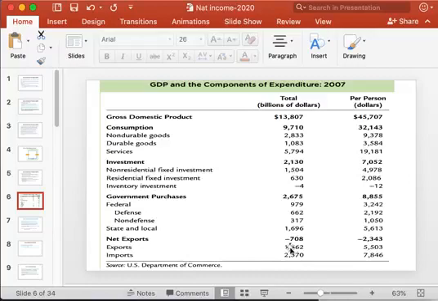So you can see the net export here is minus 708, which is export minus import, so that is why it is minus here. So GDP from the point of view of expenditure is calculated by the total of consumption plus investment plus government purchases plus net export, and that is what you get here and here.